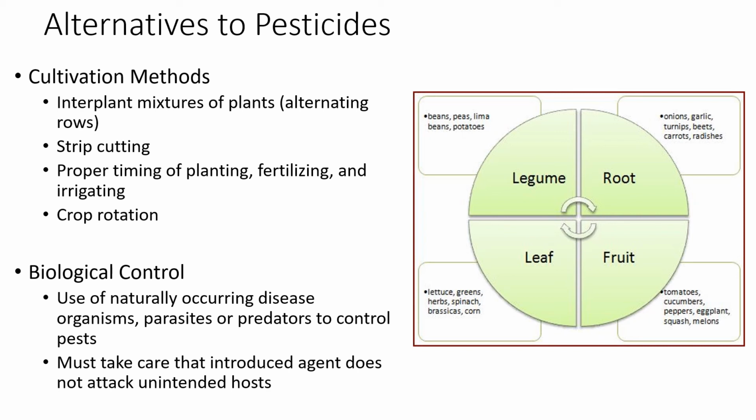Crop rotation is great because, let's say, I have tomatoes, which is a fruit. Did you know it was a fruit? Now you do, right? So it's a fruit, down in that lower right quadrant in my picture. Let's say I have aphids and they love tomatoes. I harvest my tomatoes, and I cut all my foliage down, or my crop debris, and I leave it there because I'm doing nice sustainable agricultural methods.